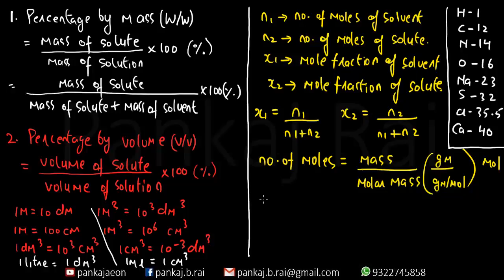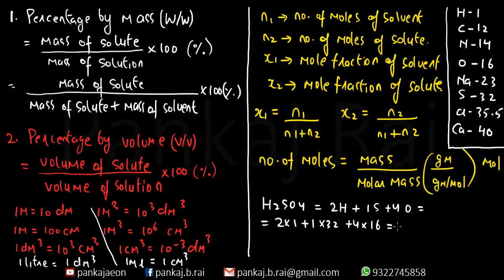For example, let's say we find out the molar mass of H2SO4. So how do we do that? Now H2SO4 has two hydrogens, one sulfur and four oxygens. So what you have to do is 2 into molecular weight of hydrogen, which is 1, plus 1 into 32, plus 4 into 16.